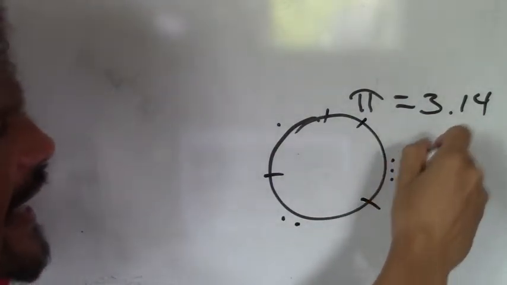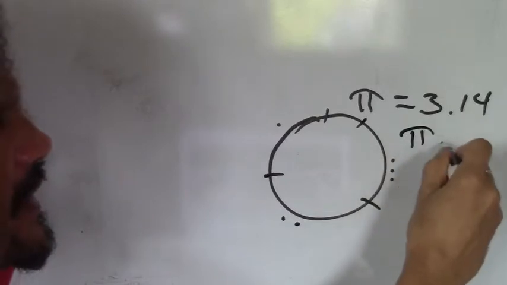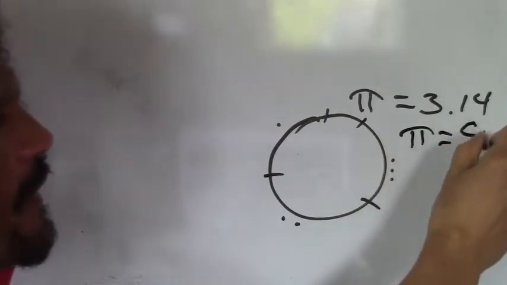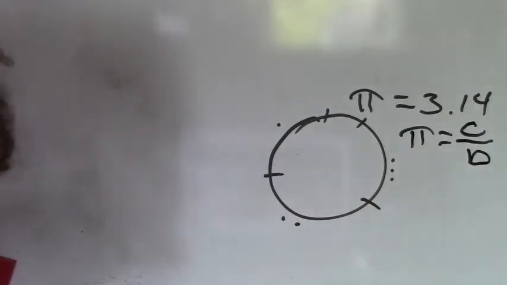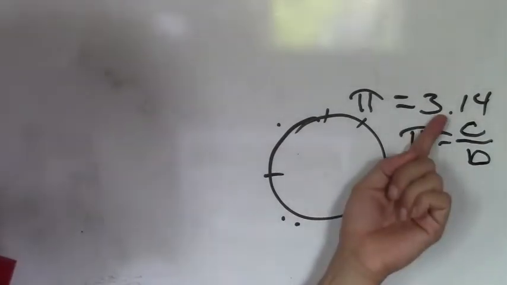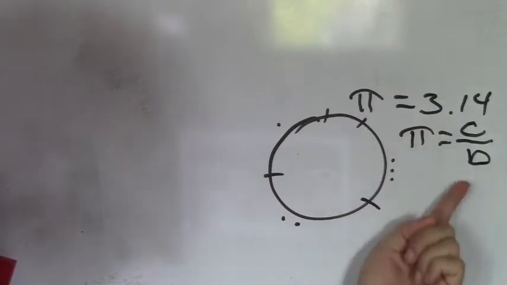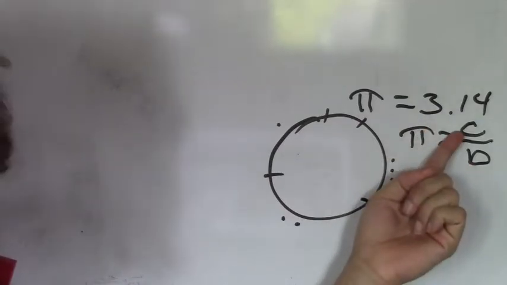So pi, that 3.14, is the same thing as the circumference divided by the diameter. That's how many times the diameter goes around the circle.